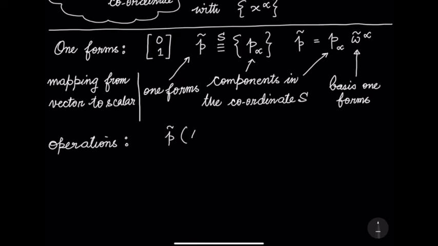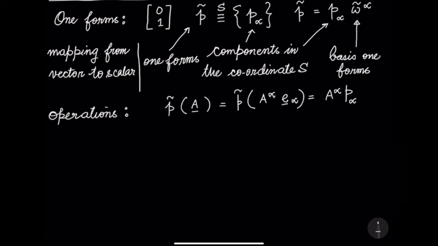So one form takes the vector A, that essentially means that this will take the vector A, which can have components. You can write in terms of its components like this, and that will give me A alpha P alpha, where we have used two things.